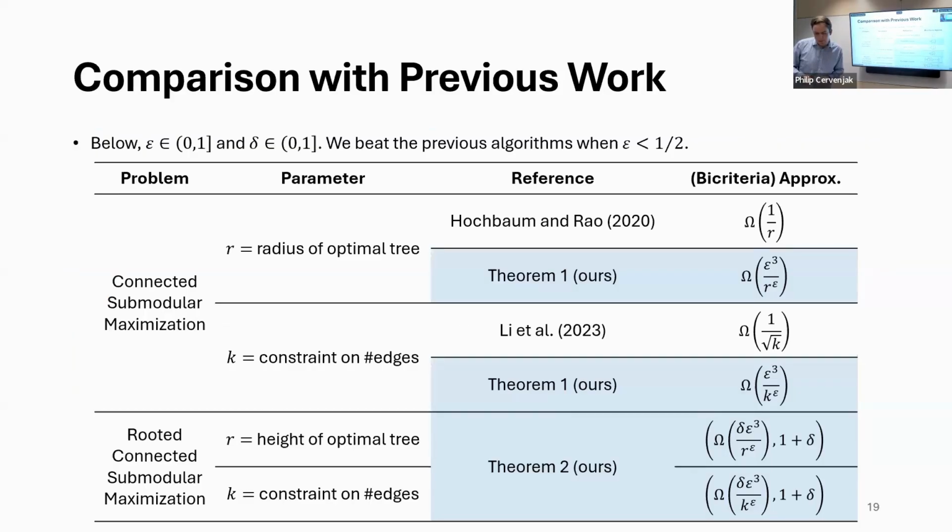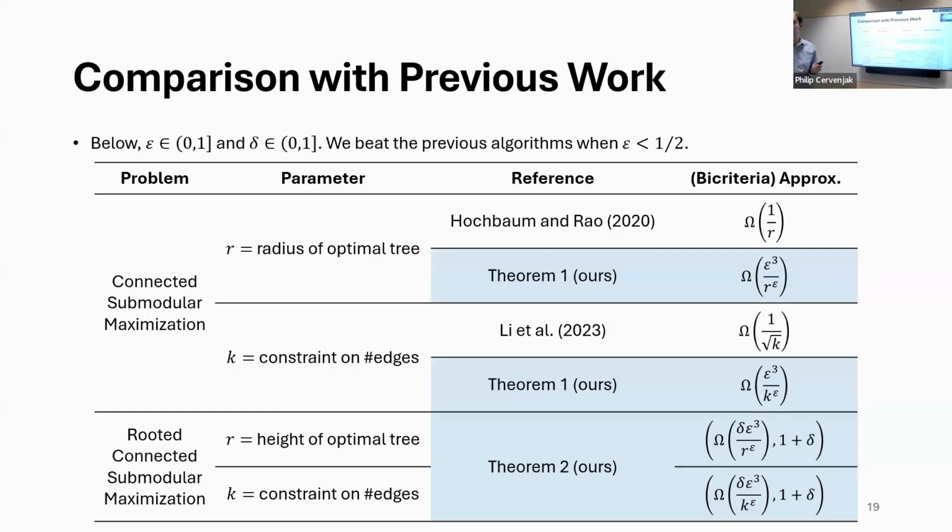And just quickly to compare again, so I already showed these results in the previous slide, but basically we beat those results that are explicitly given in the literature whenever epsilon is at most 1/2. So for the radius sensitive algorithms, we beat it when epsilon is less than 1. And for those other algorithms that give 1/√K approximations, like I said, we beat them whenever epsilon is less than 1/2.